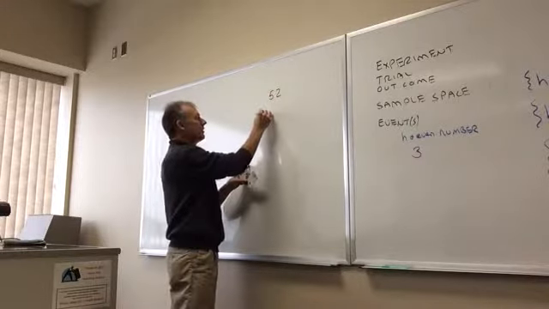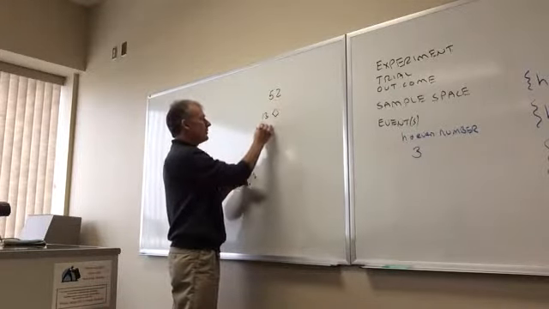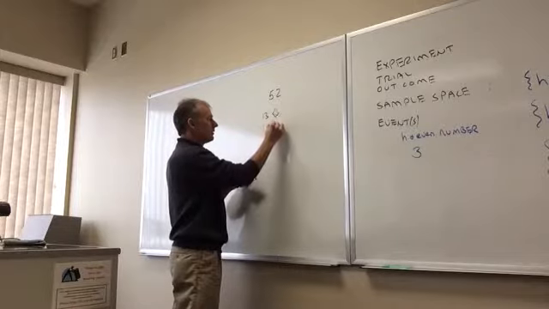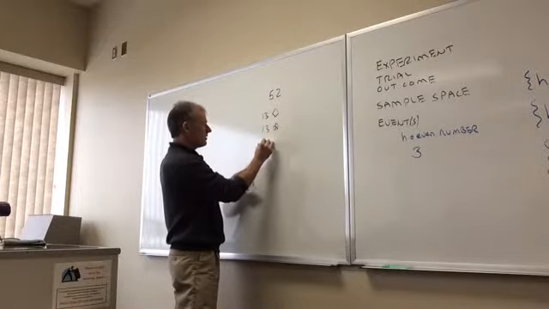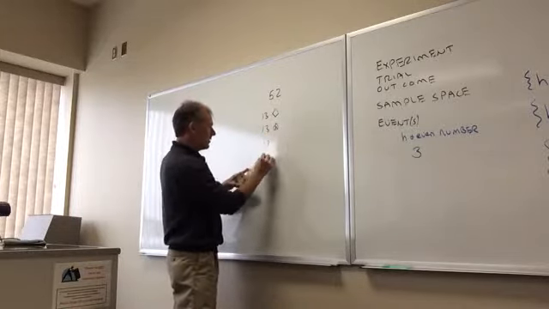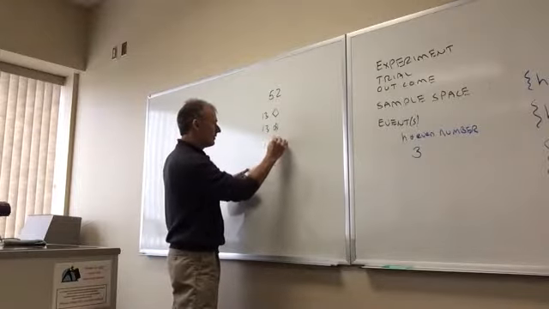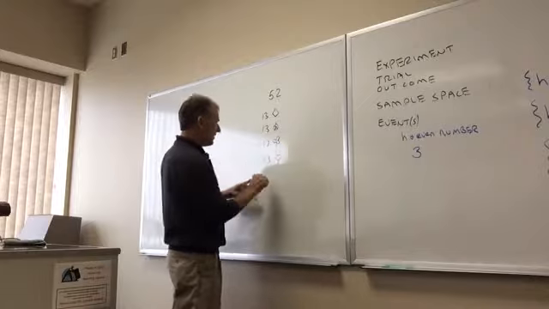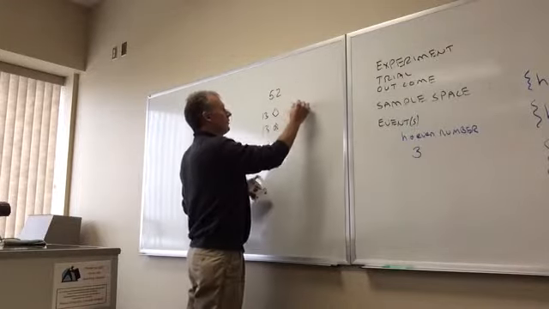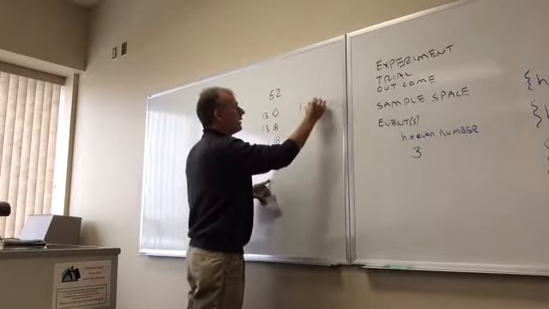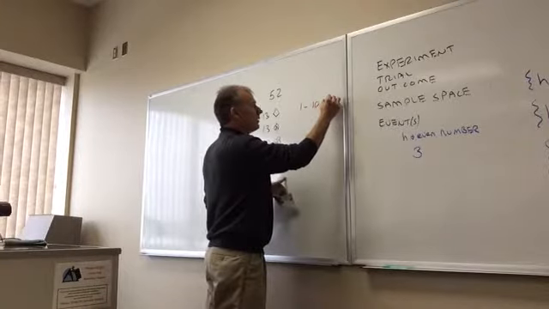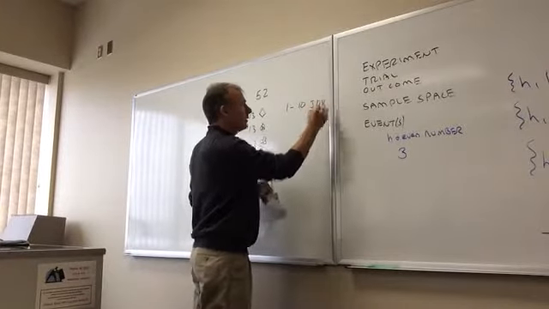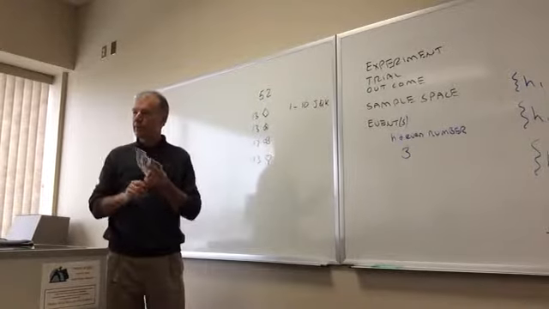You have 13 diamonds, 13 spades, and so on. And of course you have 1 through 10, Jack, Queen, and King in each of those.